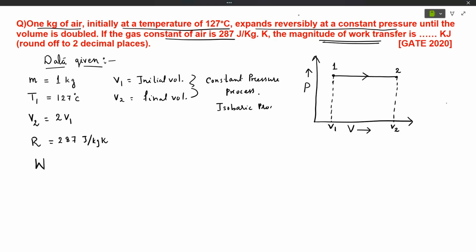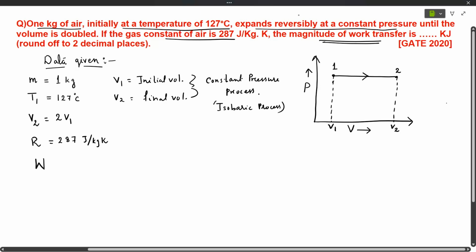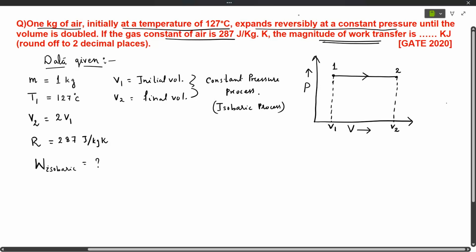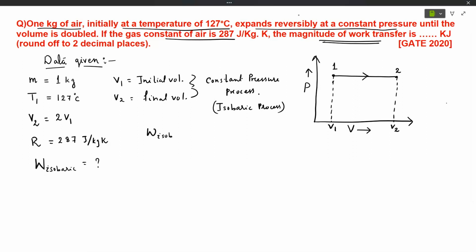So here we have to consider the work done for an isobaric process. We know that the work done for an isobaric process is equal to the integral of PdV, that is equal to P times (V2 minus V1).